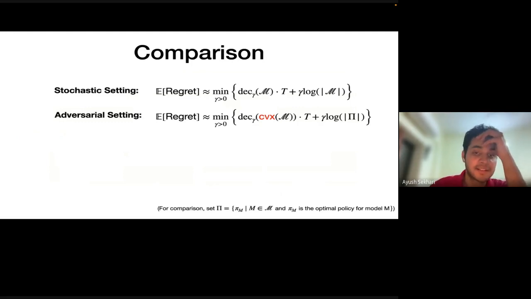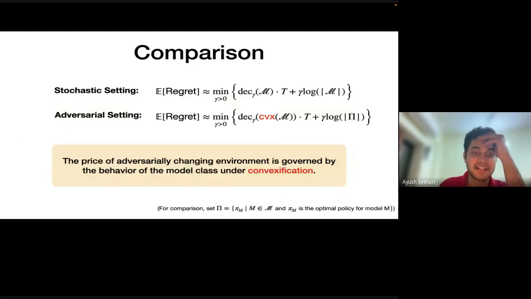For comparison, assume that for the adversarial setting, the policy class or the decision space Π that we choose is just the set of greedy policies corresponding to the models in the model class. So the gap between log M and log Π could be ignored. In that case, the price of an adversarially changing environment is precisely governed by how this complexity measure, the decision estimation coefficient, changes with the convexification of the model class.